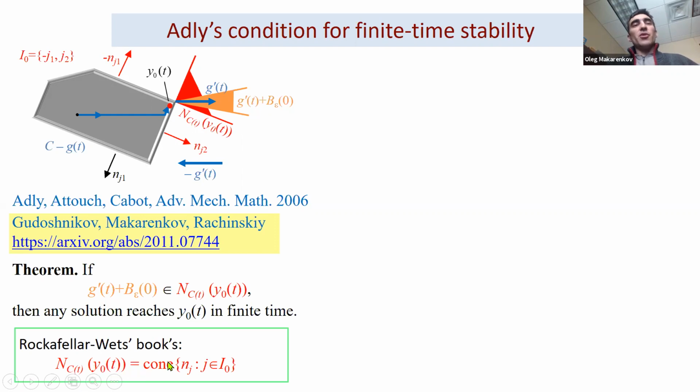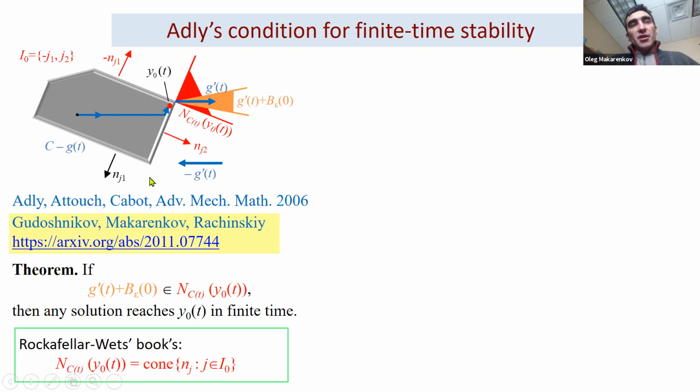What we used from that book is that the normal cone is the conic hull constructed based on the normal vectors at this point.